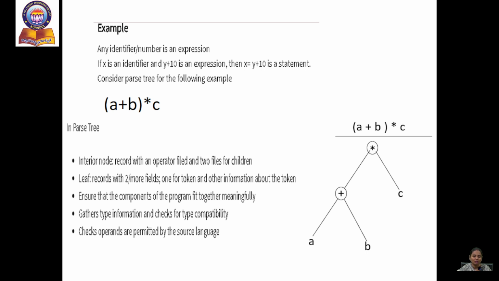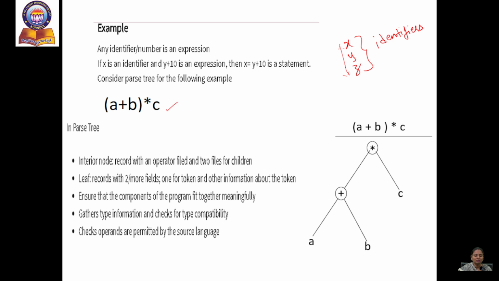If we have only one identifier, x, y, z, all these become identifiers. If we write any computations by using some operators between these identifiers, then it becomes an expression. By writing some expression, we get some calculation, and we assign some value to another identifier, then we can call it a statement.